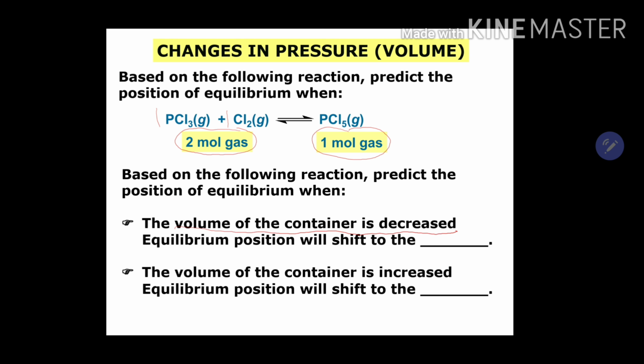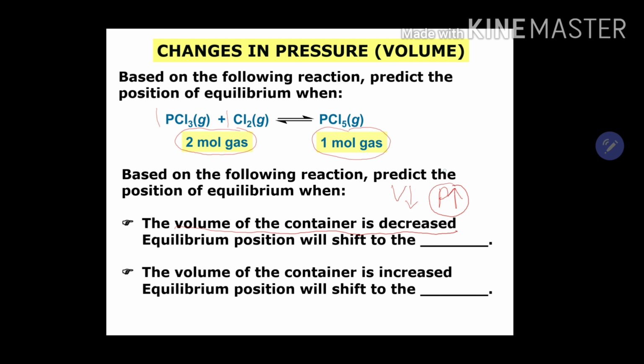According to Boyle's law, we know that volume is inversely proportional to pressure. So when the volume is decreased, the pressure will be increased. The increased pressure is the disturbance in this system, so the system will reduce the disturbance. How?